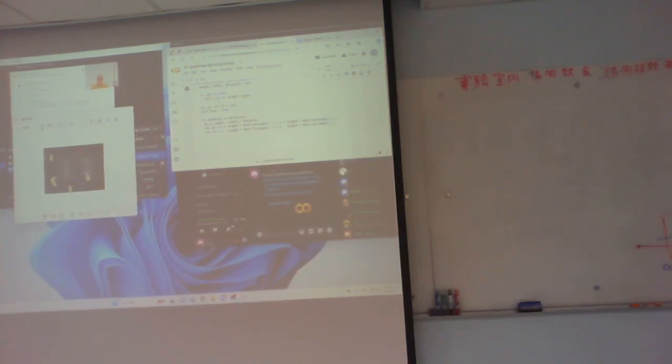So now we have to check if the line intersects.